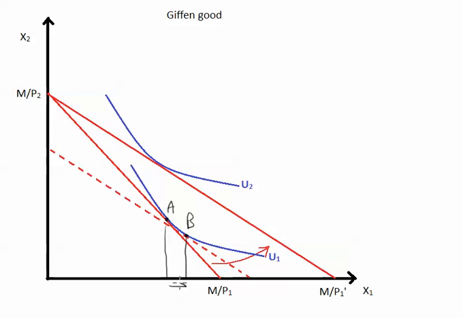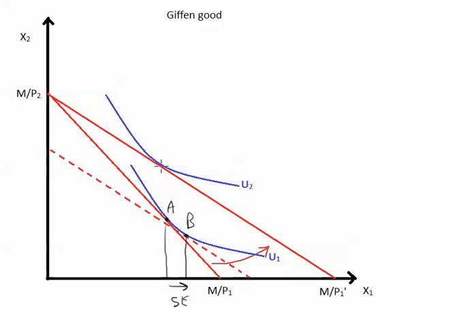Note that, again, the substitution effect is working in the opposite direction to the price change. So the price of the good has fallen, and the budget constraint has pivoted outwards, and the consumption of X1 has increased. Now, to find the income effect, we know that this imaginary budget constraint has the same slope as the new price ratio up here, the new budget constraint up here.